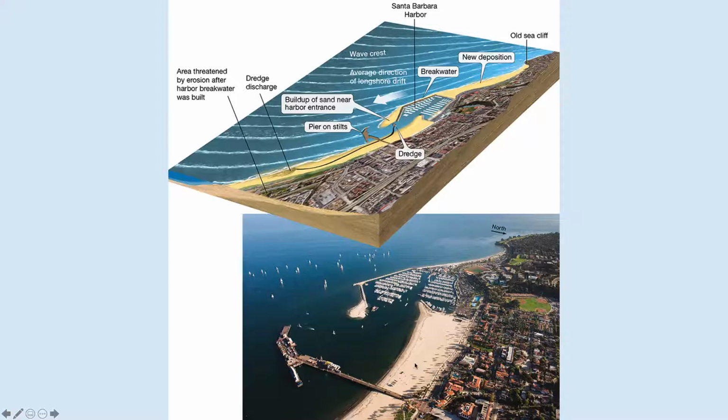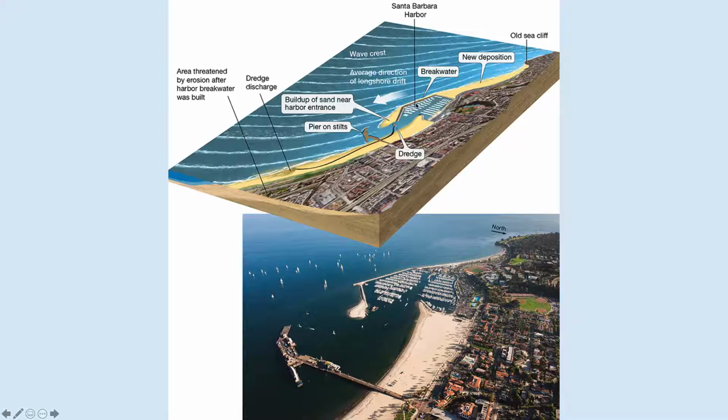As a result, dredging operations were initiated to move the sand from the harbor down the coast to help reduce the coastal erosion that was also beginning to take place after the construction of the breakwater.